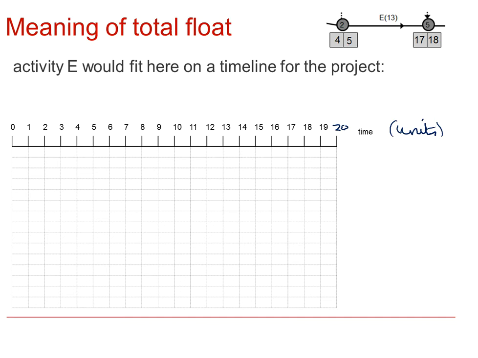To place an activity, for example E, on the timeline, look at the start time, the earliest start time being 4, and usually we would use those early start times unless directed otherwise in the question. And we look at the duration, and for E, it's 13.